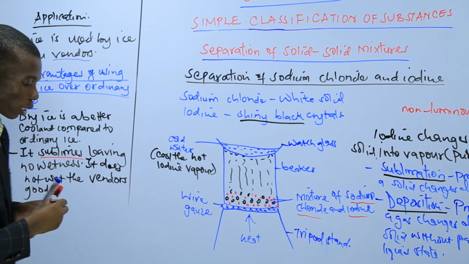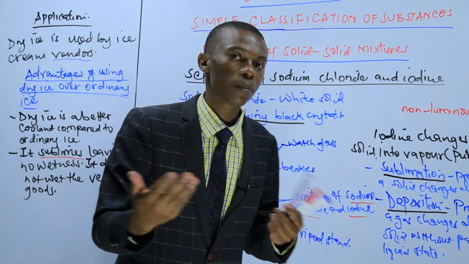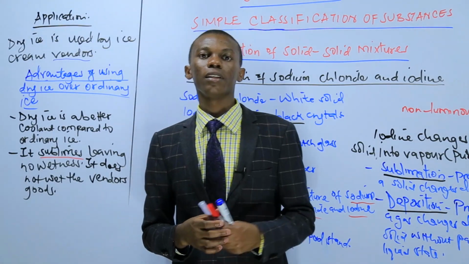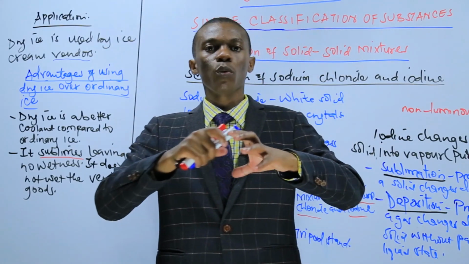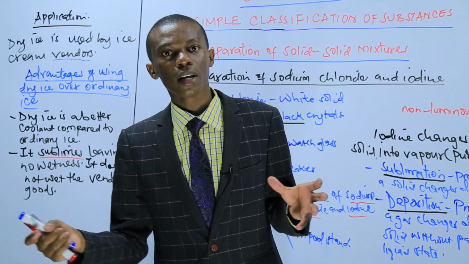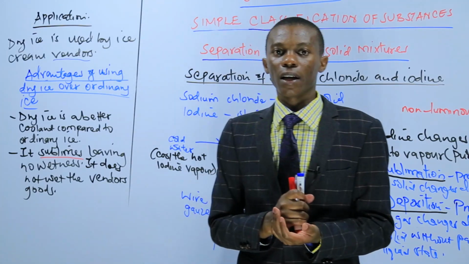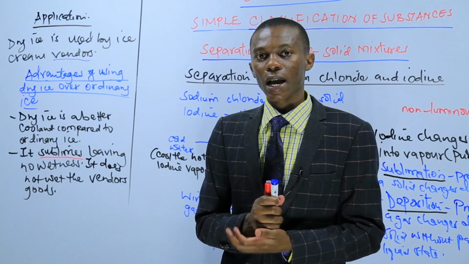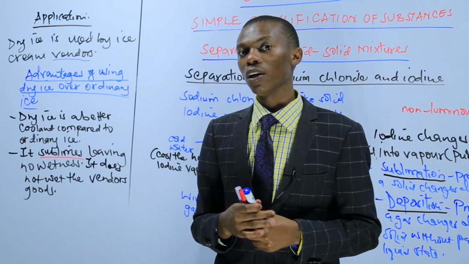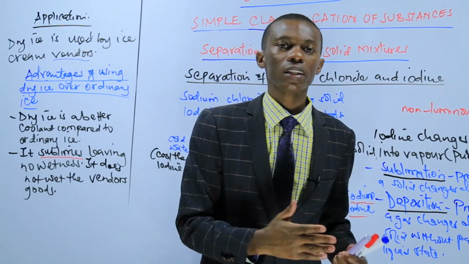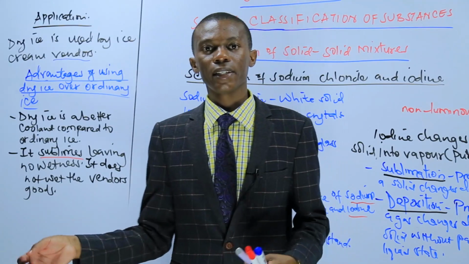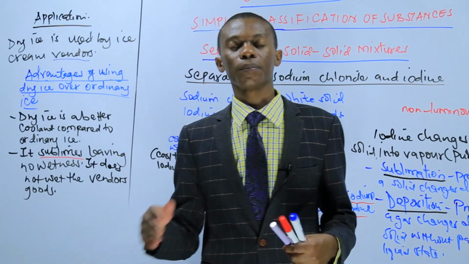So if you are preserving something, or if you want to keep something under low temperatures, and it is able to sublime without leaving any wetness, it cannot wet whatever you are keeping under certain temperatures, while ordinary ice will just change from solid into a liquid and it will be wet all over.